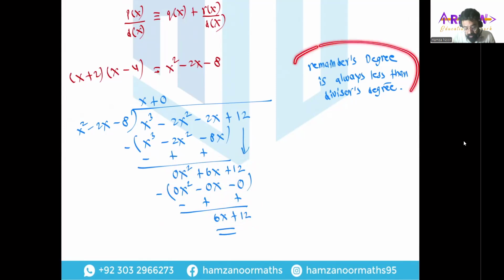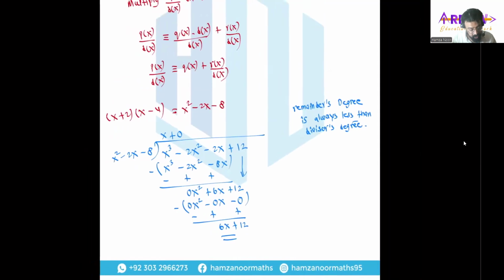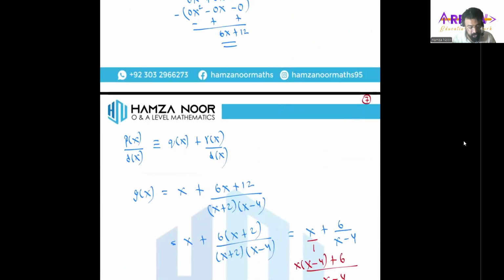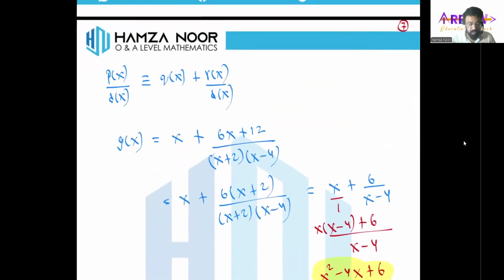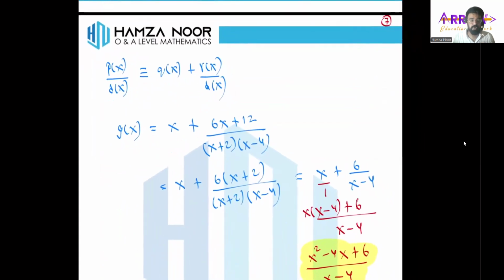So always remember this thing: the remainder's degree is always less than the divisor's degree. All right, so now I can say that I have obtained my identity in this form. Because in part A, we obtained it in the form polynomial divided by divisor. And now I have obtained an equivalent form, quotient plus remainder over divisor.